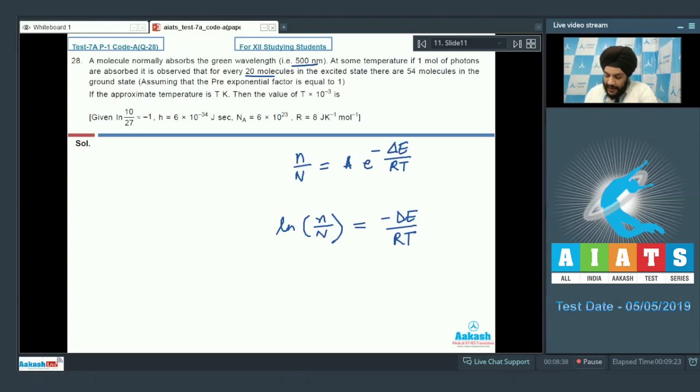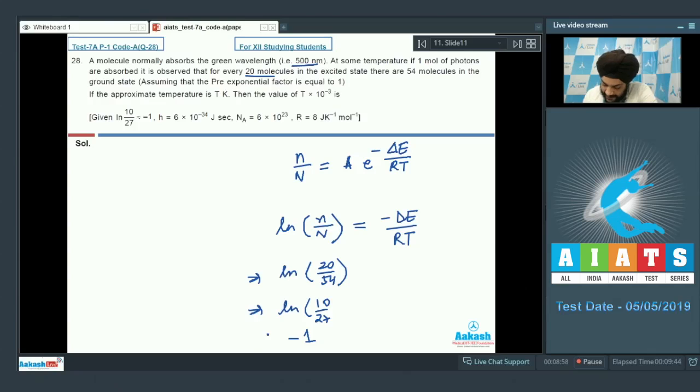So students, the value of n by N is given to us. n by N is 20 upon 54. So this is ln of 20 by 54 and the ln values have been given to us. So this will come out to be equal to ln of 10 by 27 and this is equal to minus 1. Okay, so this was the left hand side.